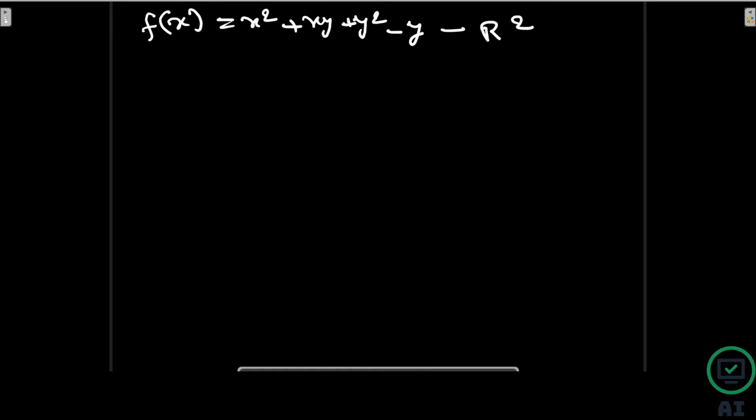So now let us see when we say a function achieves a local minima and when we say a function achieves a global minima. Let's take this particular function of two variables, and the domain happens to be the set of real numbers R square. That means x and y take any possible real number. So this is the function x square plus xy plus y square minus y, and the domain is nothing but R square.